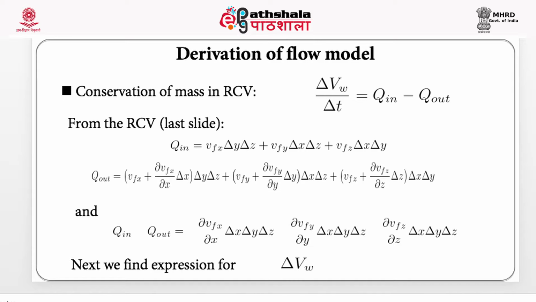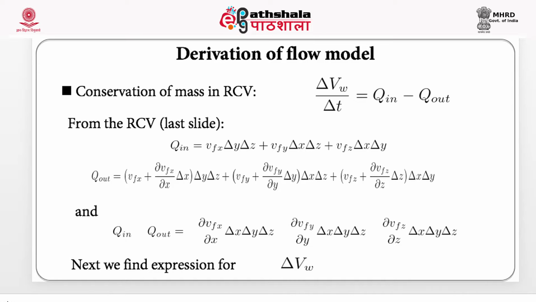If you go through the text of this slide, you will see that the change in volume of water has been defined as specific storage times the change in hydraulic head in the space that has been covered times the volume of the model aquifer, that is delta x, delta y and delta z.